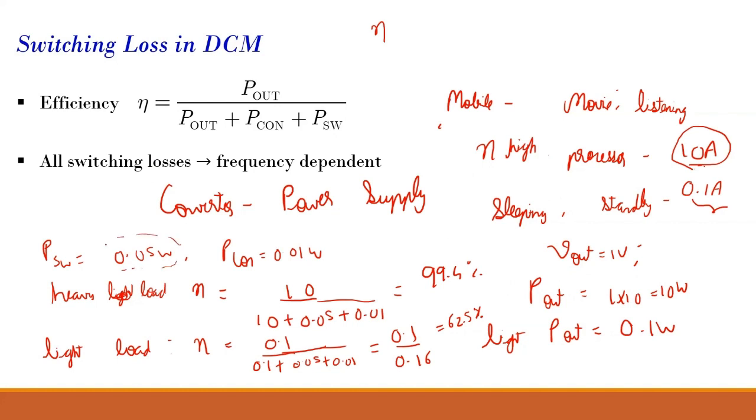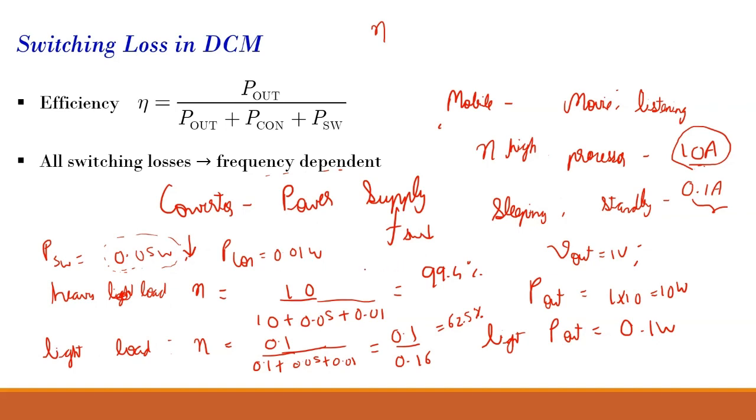We have assumed the switching loss to remain the same. The switching loss is dependent on the frequency. So if I want to reduce the losses, I have to reduce my switching loss, and for that I must reduce my switching frequency.